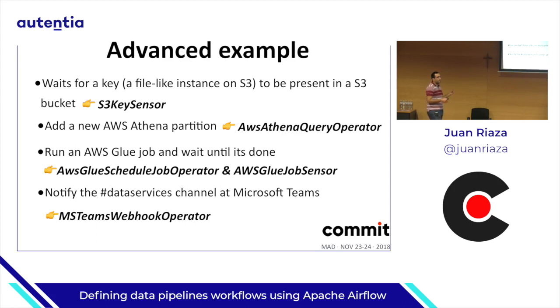It works on top of S3. Run an AWS Glue job and wait until it's done. AWS Glue, it's a serverless Spark environment from AWS. And notify the data services channel at Microsoft Teams or Slack or whatever you're using at your company.